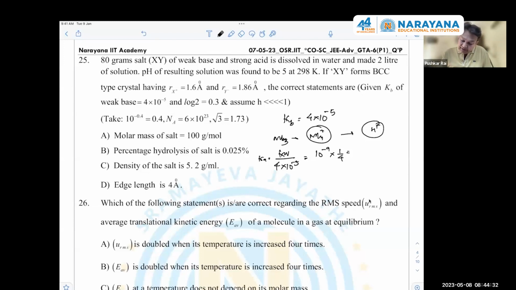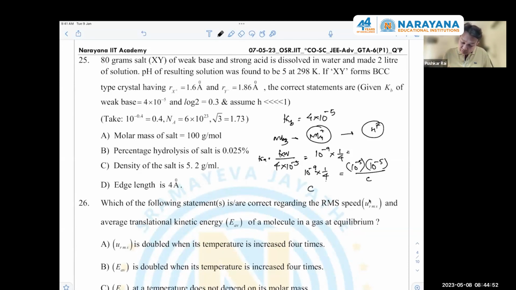So if pH is 5, that means H plus ion concentration is 10 to the power minus 5. And then the counter ion will also be 10 to the power minus 5 divided by whatever concentration C is there. This must be equal to 10 to the power minus 9 into 1 by 4. That will make your calculation faster.